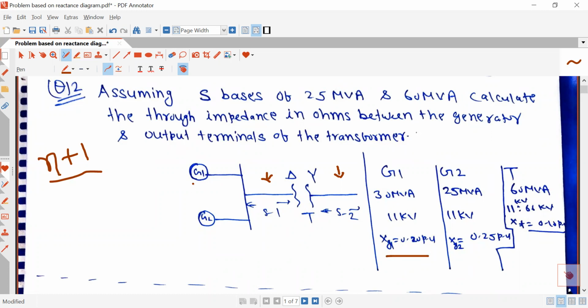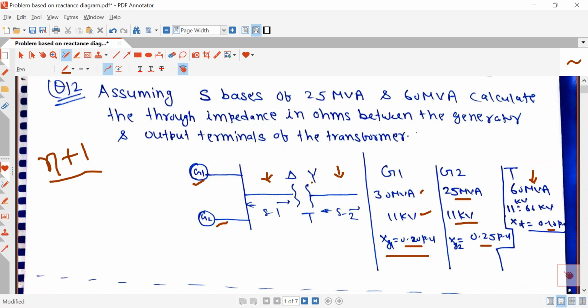For example, the reactance of generator 1 is given, which is 0.20 per unit. But the base value for this per unit system will be 30 MVA and 11 kV. Similarly, the reactance of generator 2 is also given, but the base value for this generator is 25 MVA and 11 kV. Similarly, the reactance of the transformer is given, but its base value is 60 MVA.